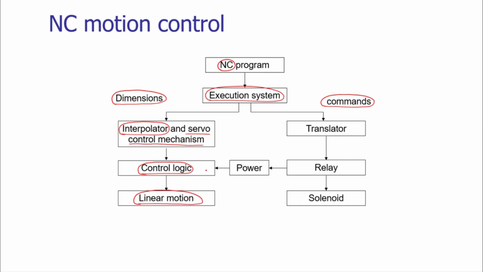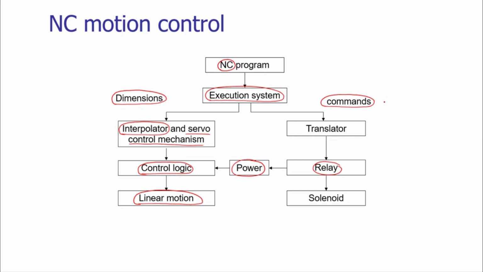The control logic is also operated with the relay. The control logic is given to a variety of drive systems. Basically, CNC machine tools use a lot of servo motors, and these electrical motors are operated by using relays. They also need the power to be switched on and off during the operations.